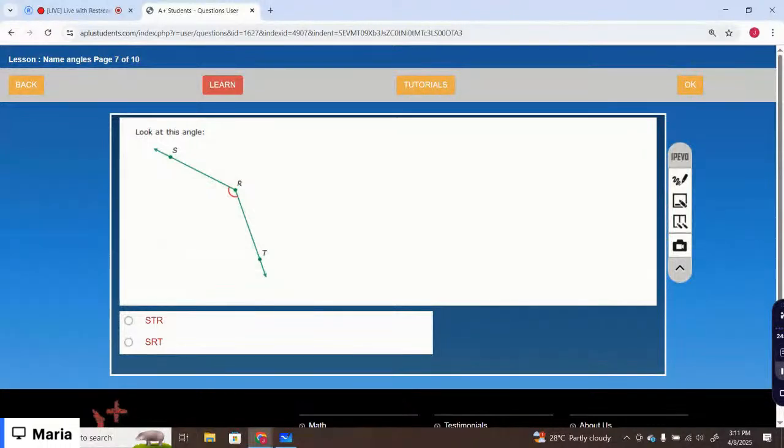Look at this angle. That is SRT, option number two is the correct option.